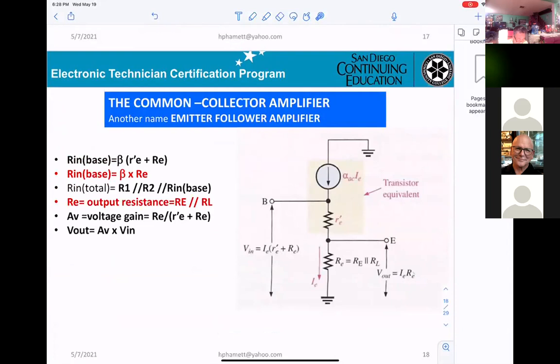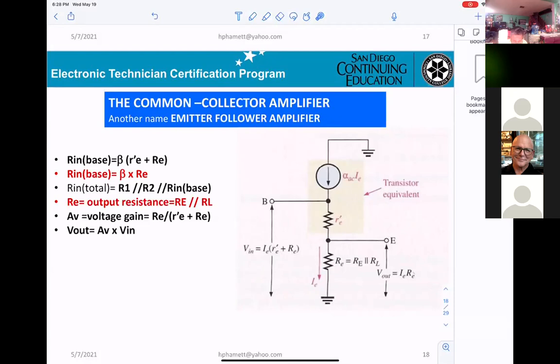Yeah, R in base: beta times R prime E plus RE. Why is it that in one of them they take the R prime E out? Okay, let's see.